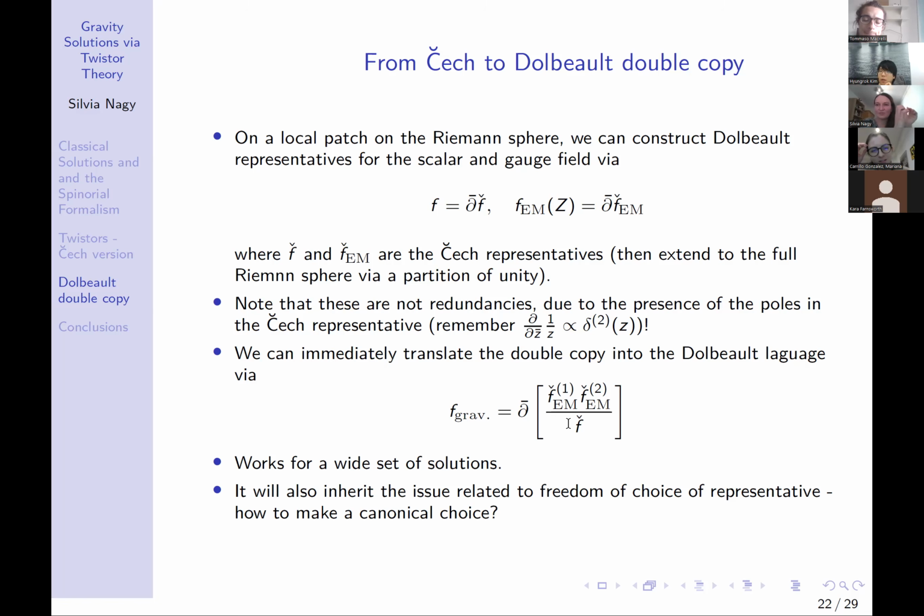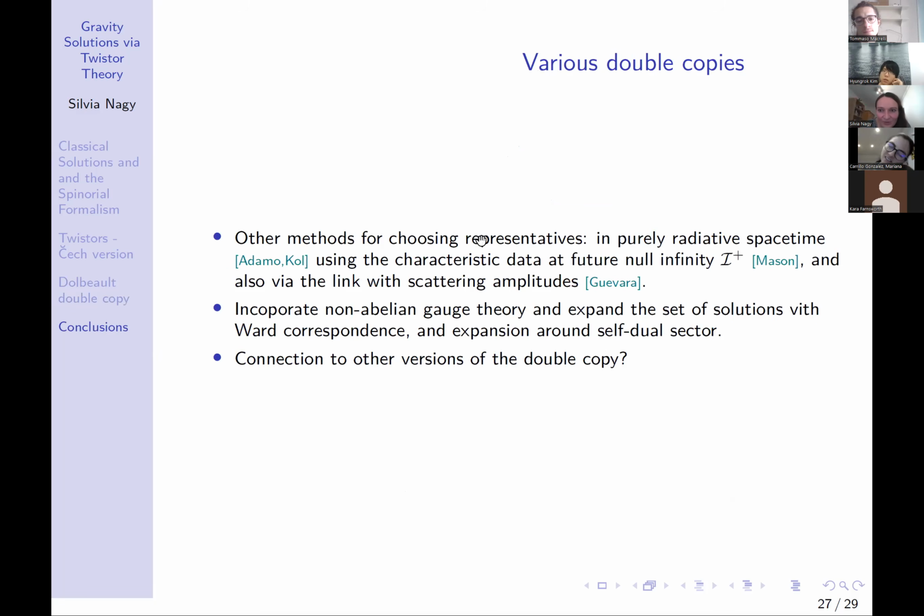So there's some restricted freedom. It doesn't work for any representative. That's the issue, and this is the issue with the canonical choice. This is what other people have been trying to do here with the choice: we have a restricted family of representatives that make it work, but not the full one.